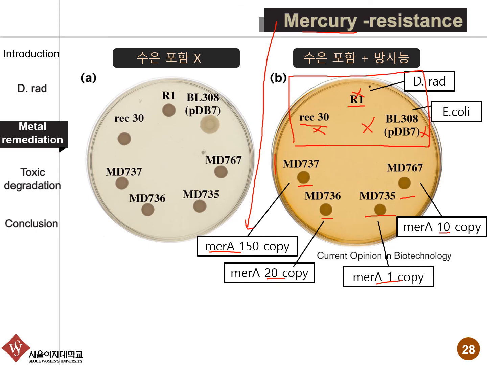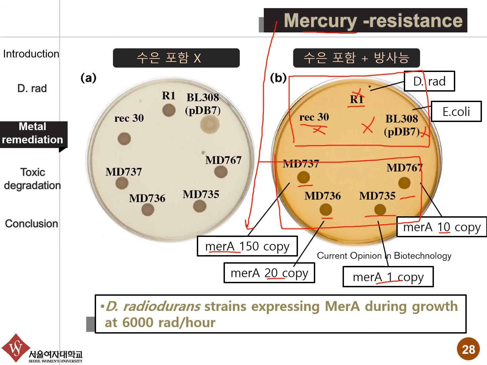All these different copy numbers of the MER-A gene containing Deinococcus can survive and remove the mercury from the media. So this is the confirmation that the Deinococcus radiodurans strains expressing the MER-A during growth at 6000 rad per hour of radiation can resist both radiation and the mercury in the media.